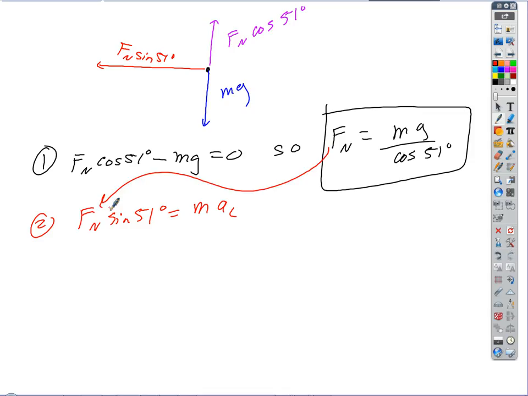Exactly, right, the masses will cancel. So if I plug that in, look what we get. Now I've got mg, I just multiply fractions straight across, right? So I've got mg over cosine 51, and on the top, I'm going to multiply by sine 51, right?